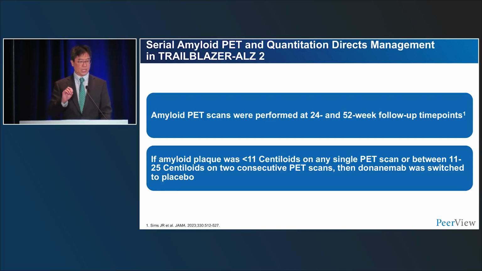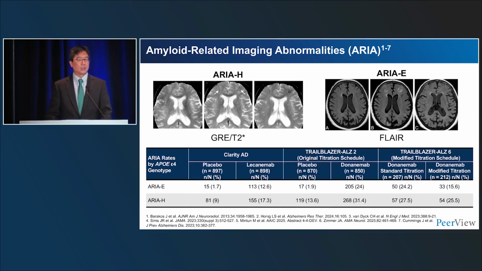Amyloid PET scans were done to see if you could stop giving the drug because you became negative, and if an amyloid centiloid score was less than 11 on any single PET or between 11 and 25 on 2 consecutive PET scans, the drug donanemab was switched to placebo, with the logic there being that if you don't have significant amounts of amyloid left in your brain to be cleared, why are you still giving someone the drug to clear it? Okay?